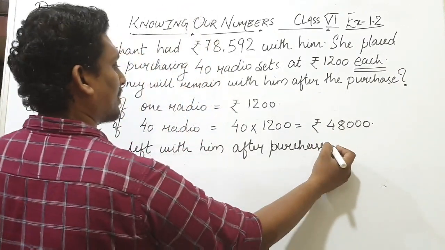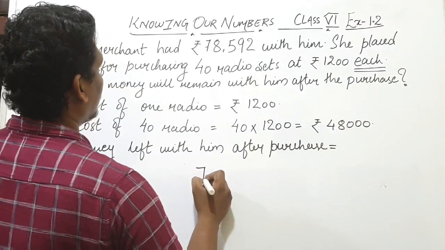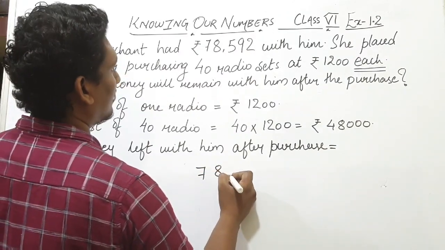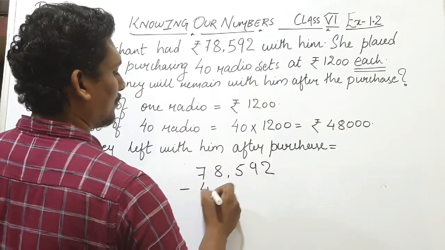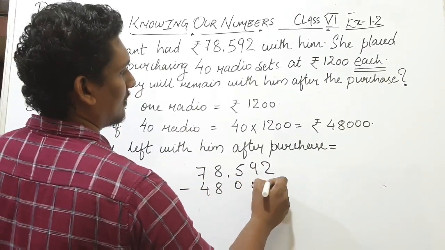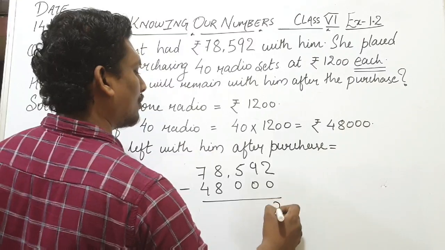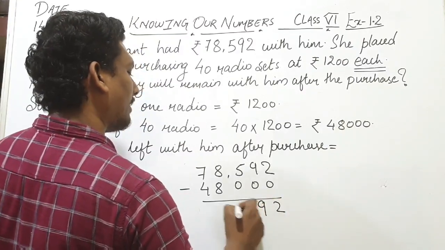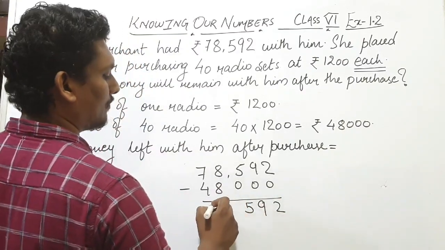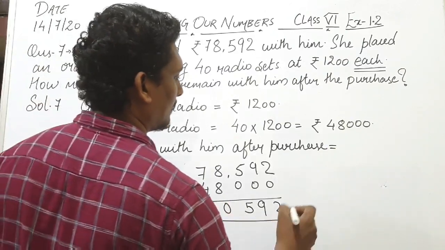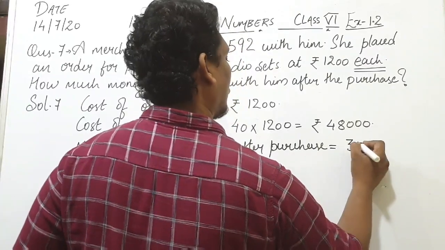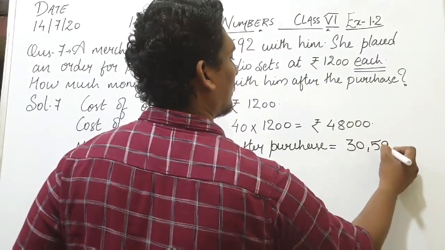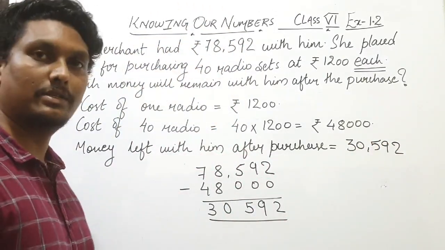Here we have to do the subtraction, that is 78,592 minus 48,000. So the remaining money is 30,592. The question was very simple.